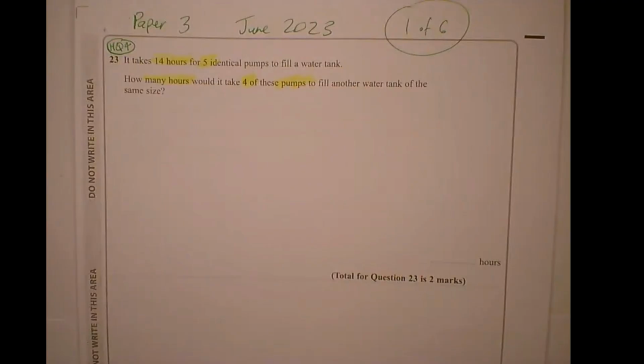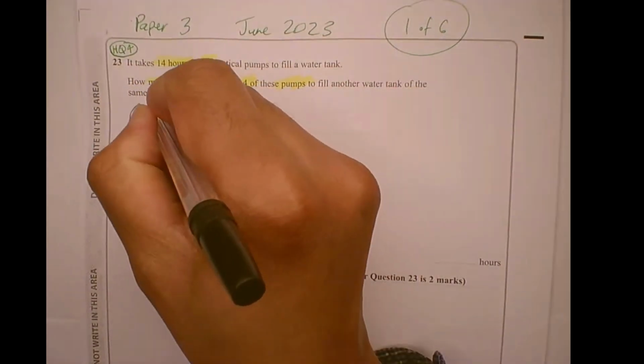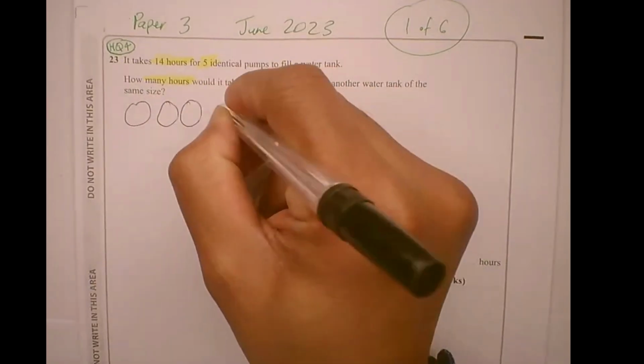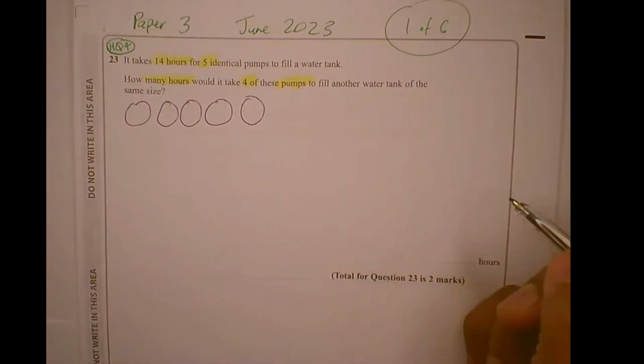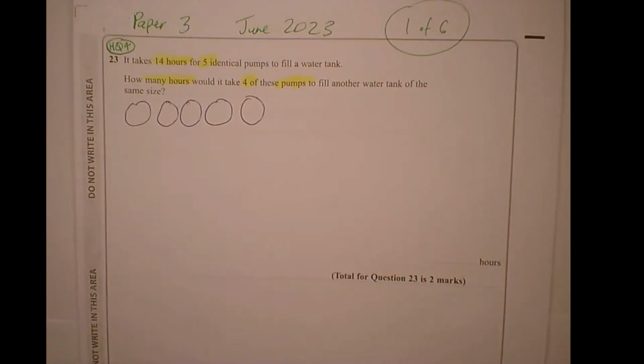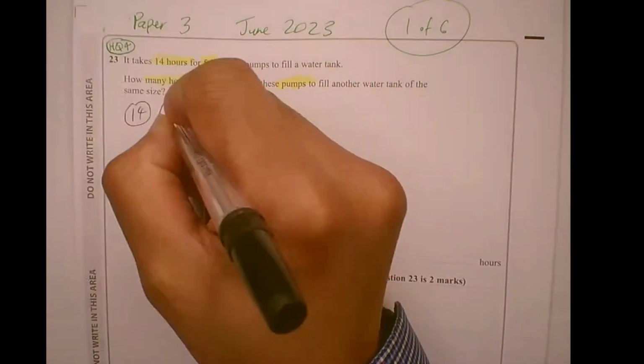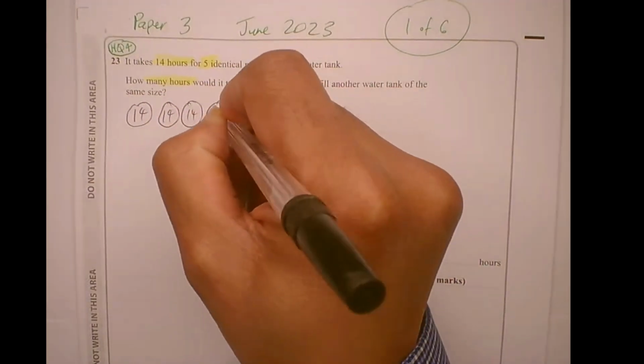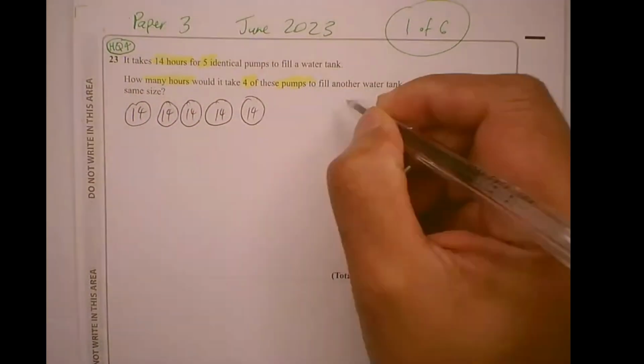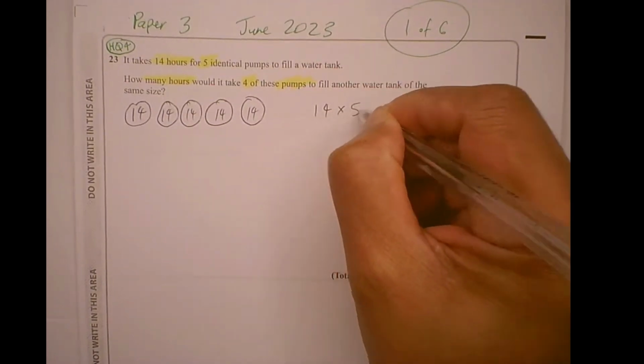If I think about my total time, I've got 5 identical pumps: 1, 2, 3, 4, 5. And it takes 14 hours for these, so I've got 14, 14, 14, 14, 14. So I'm going to be doing 14 times 5.